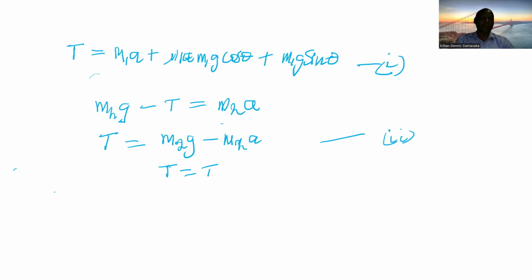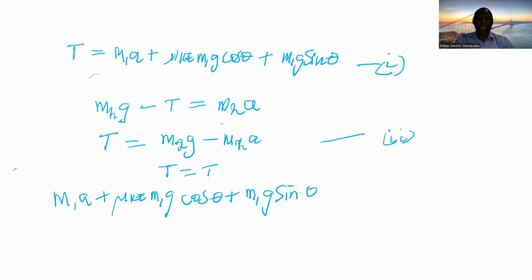We can say mass 1 times acceleration plus coefficient of kinetic friction, mass 1 multiplied by g cos theta, plus m1 g sine theta should be equal to m2 g minus m2 a.